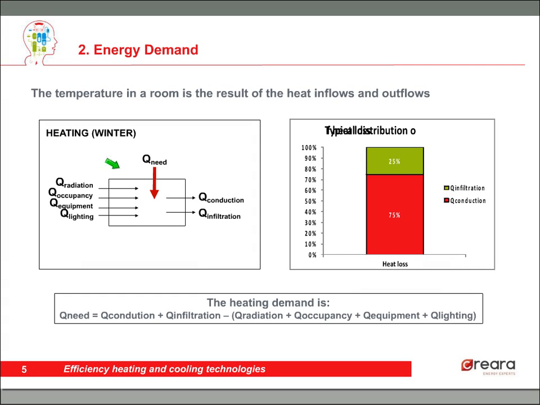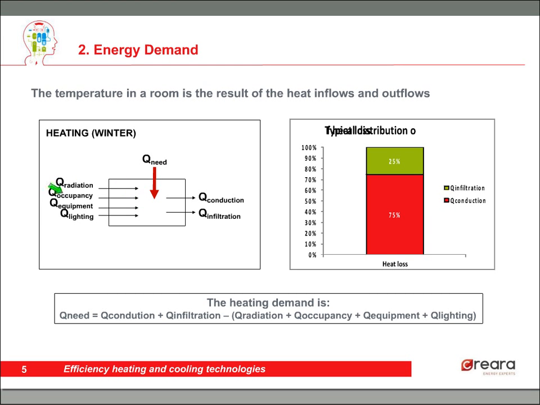So when sizing an HVAC installation, we have to understand all the thermal inflows and thermal outflows that we have. In this case, for winter, we're going to have these thermal inflows, which are helping me in acclimatizing the room.